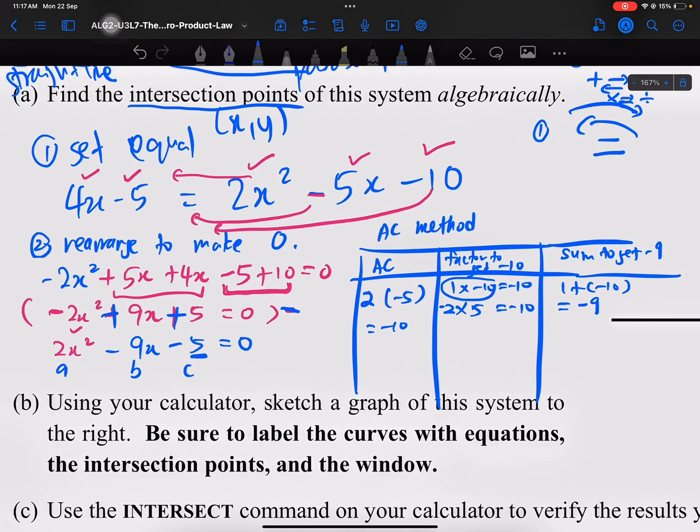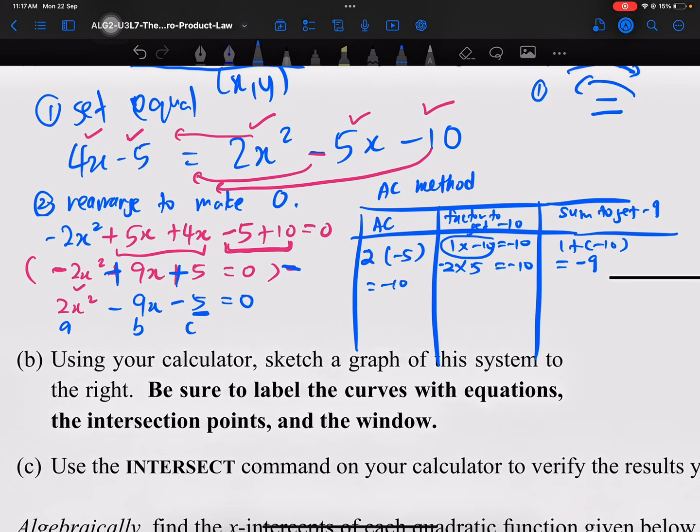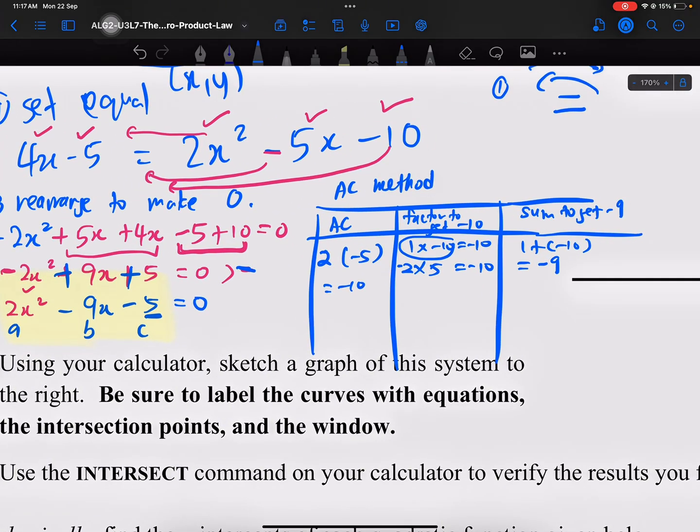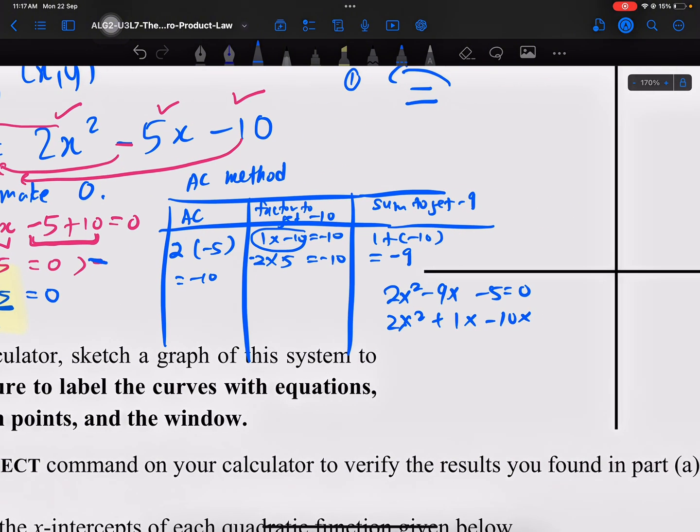So we will rewrite this, our original equation, right? Rewrite 2x squared minus 9x minus 5 equals 0 as 2x squared plus 1x minus 10x minus 5 equals 0.